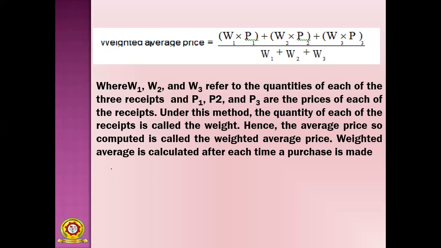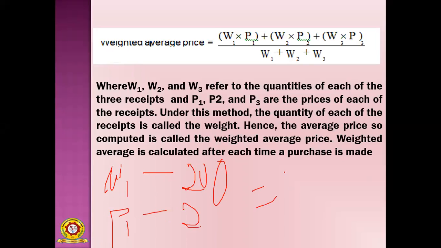See the example. Suppose W1, that means quantity, is 200 units, and the price of each unit is, suppose, 2 rupees. Then W1 into P1: 200 into 2, 400.